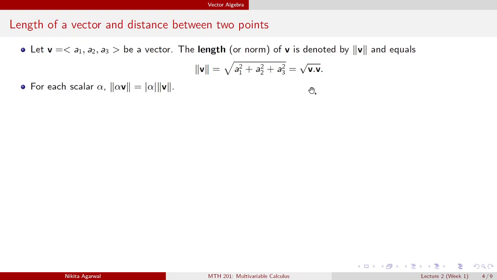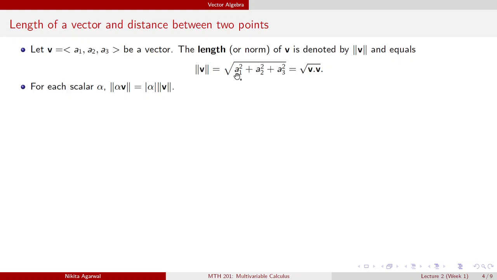So this is a well-defined number. Now from the definition of length, you can see that if I multiply this vector V by alpha, a scalar, and I take the length of the new vector alpha V, that's nothing but absolute value of alpha comes out and you multiply by the length of the vector V. That is also not difficult to see because if you multiply alpha by V, then each of these A1, A2, A3 gets multiplied by alpha.